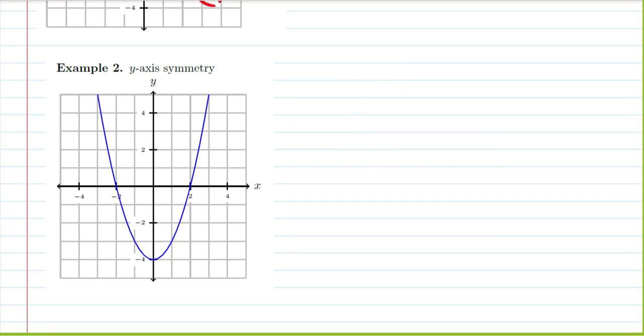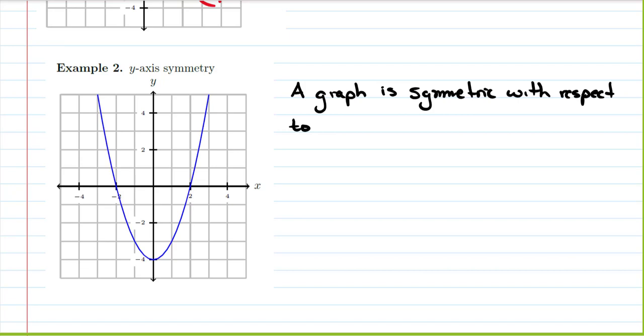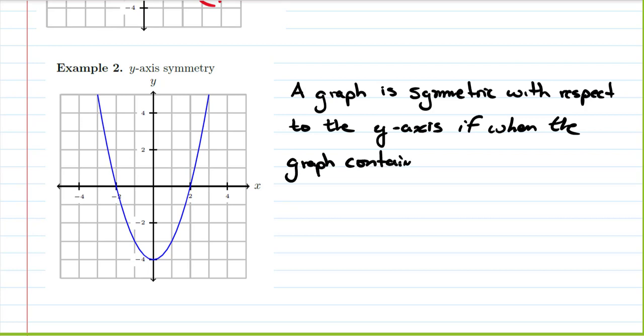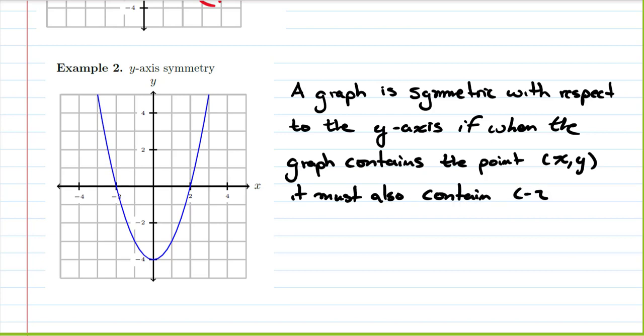So for y-axis symmetry, we say a graph is symmetric with respect to the y-axis if when the graph contains the point x comma y, it must also contain negative x comma y.